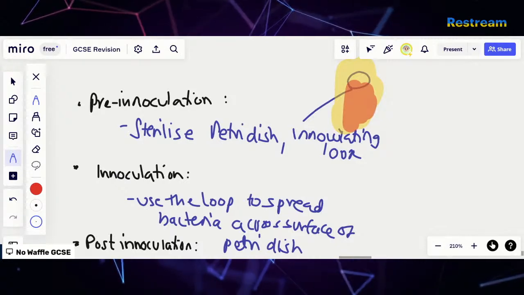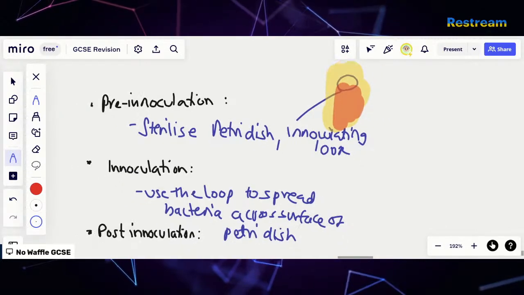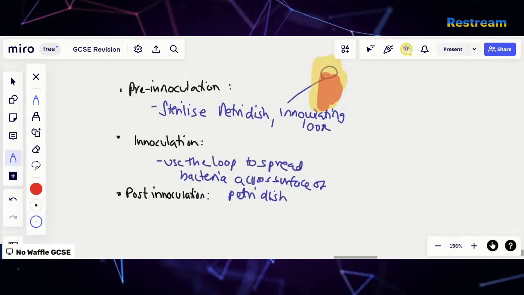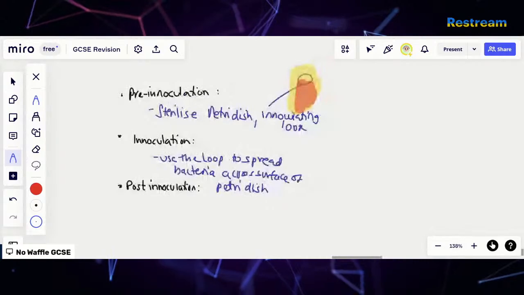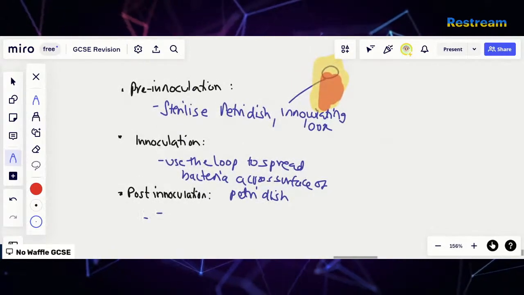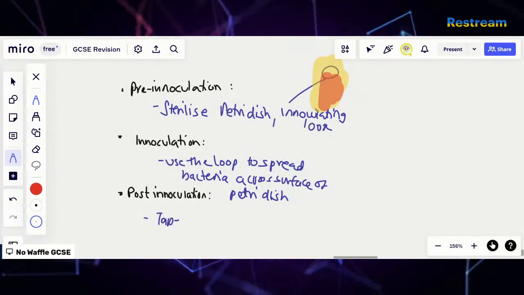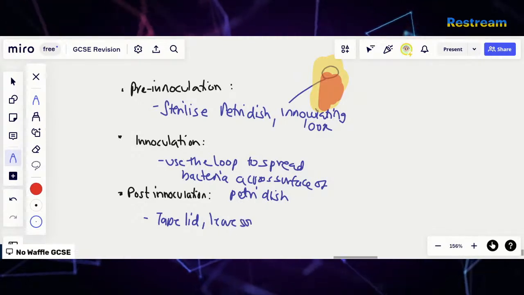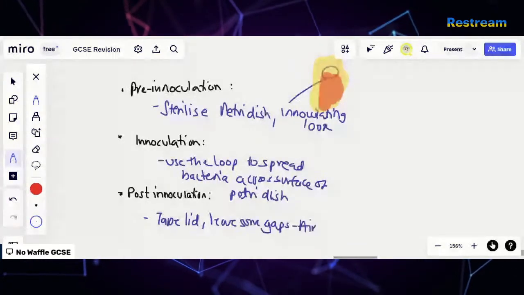Now, there's certain methods for post-inoculation, because that's the inoculation part. So for post-inoculation, there's certain things you need to keep in mind. Firstly, you want to tape the lid onto it, but leave gaps so that air can enter.